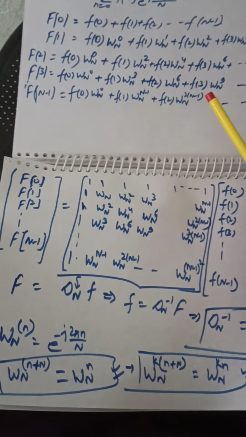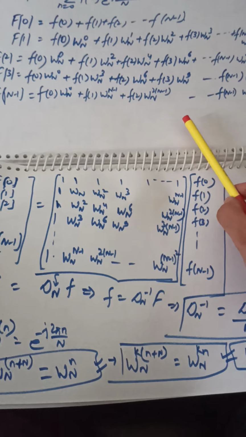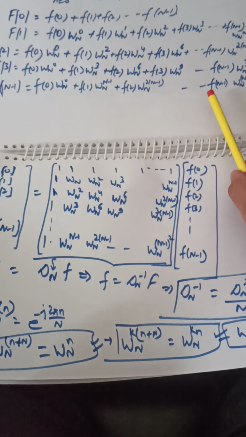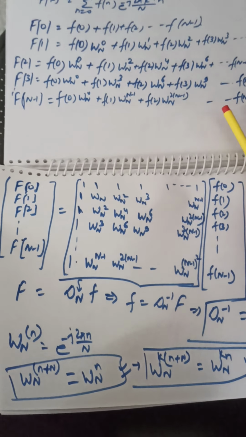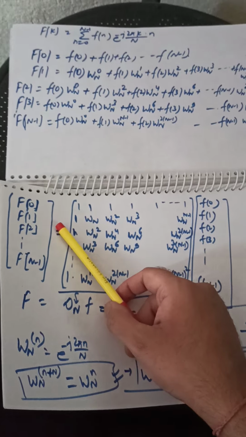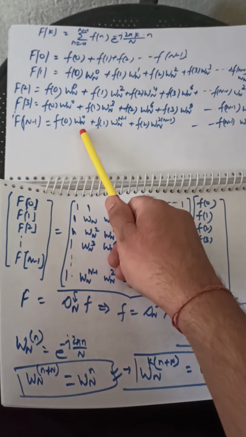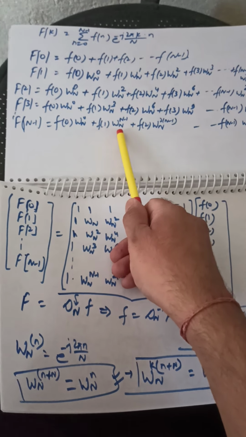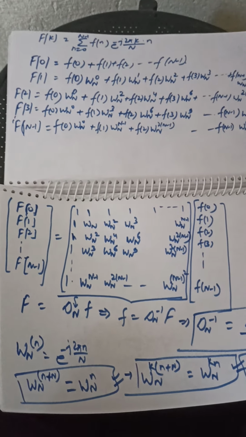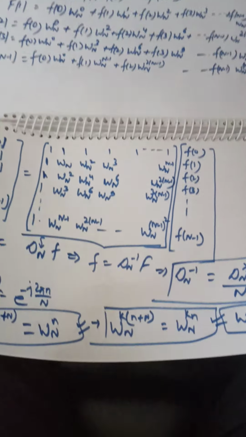In this way, the variation of the Twiddle factor can be easily understood. These are the terms, and it goes on varying till capital F of N minus 1, where f of 0, W_N^0 is there, small f of 1, W_N^{N-1} is there, and the terms go on. Now the matrix representation.